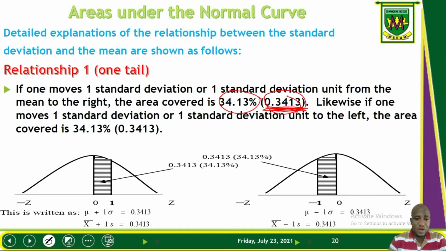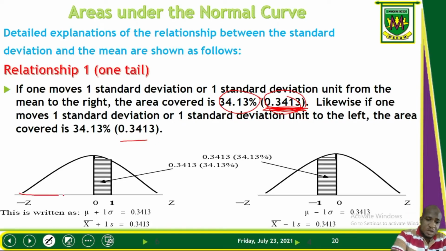Likewise, if one moves one standard deviation unit to the left, you will still get 0.3413. Remember I said whether left or right, you still get the same value. If you are going left, that is the minus, it is one-tailed. If you are going right, which is plus, it is still one-tailed. So whether it is negative or positive, you will still see the same value on the table.